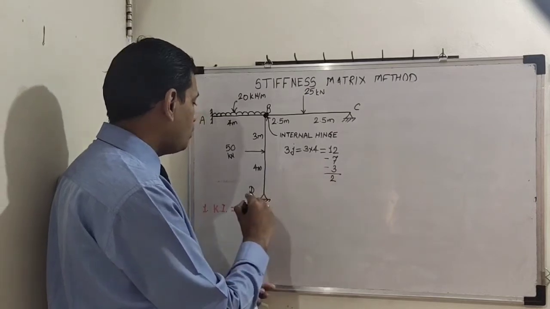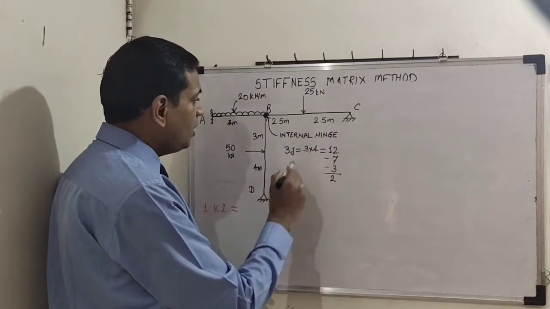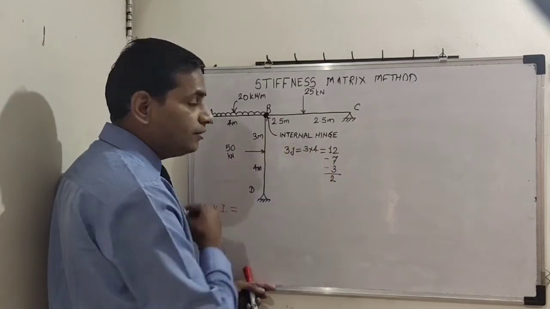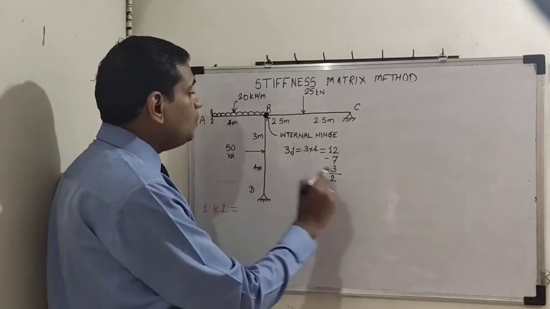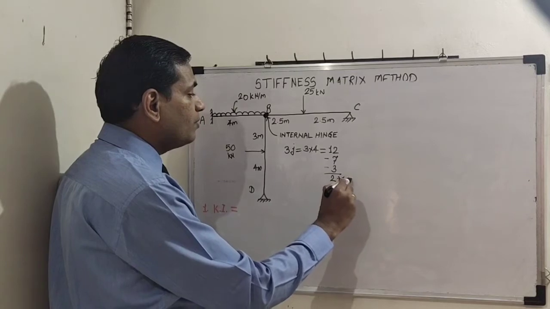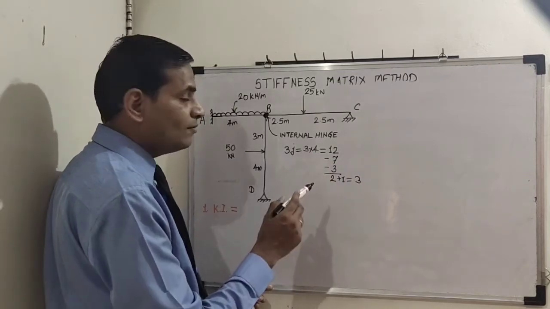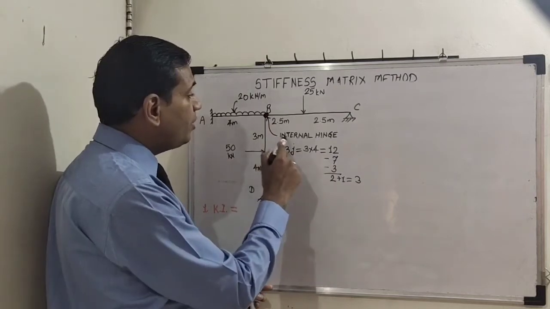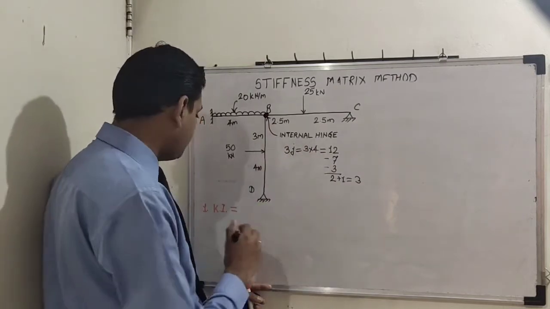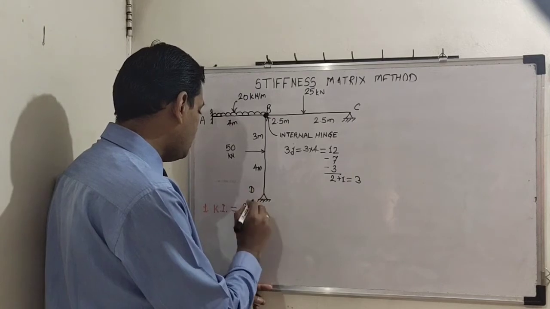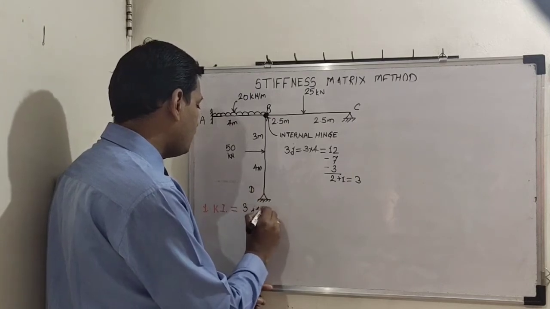So 2 rotations on C and D, and there is one more internal hinge. So 2 plus 1. So actually kinematic indeterminacy for this frame is 3. If there is no internal hinge, then it is only 2. So Ki is 3. Which are those 3?